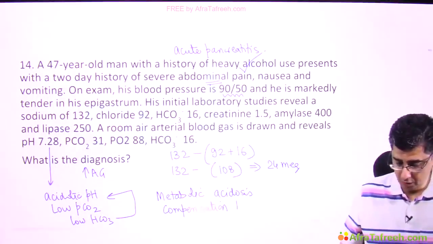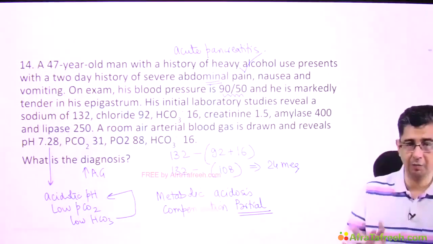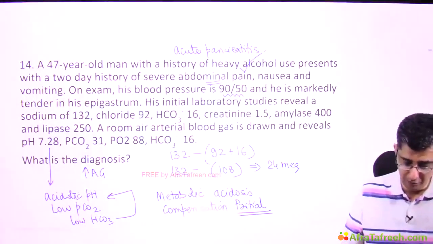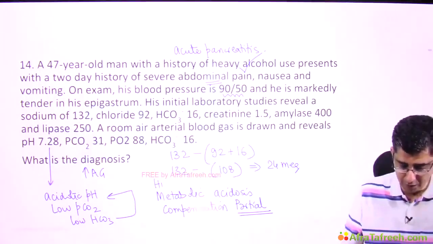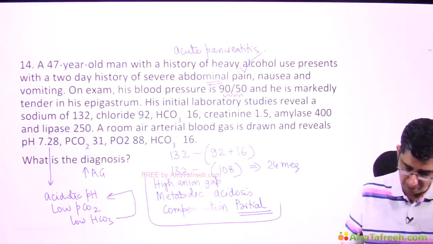This guy is having a partially compensated metabolic acidosis with a respiratory component. What I imply by respiratory component is that the hyperventilation has resulted in washout of carbon dioxide. The final answer is HAGMA, that is high anion gap metabolic acidosis with partial compensation.